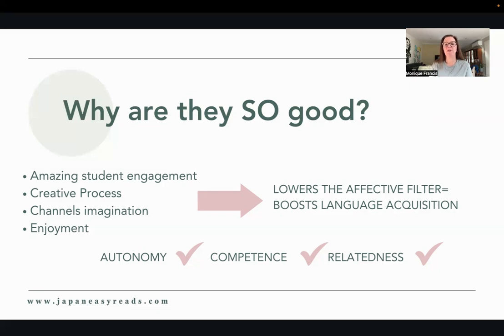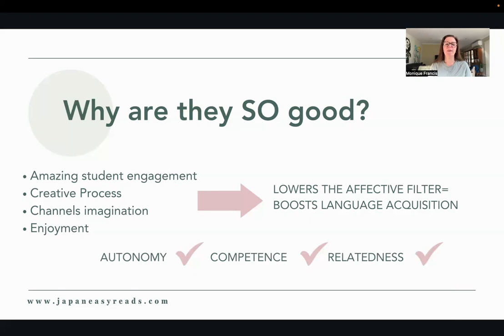Now, the affective filter is something that Stephen Krashen has identified as one of the barriers for language acquisition. So if we can lower the affective filter, that is, get the class environment in a comfortable state where they know that risk-taking is okay, or even take it one step further, so fun and so enjoyable that they're not even aware that they are learning and listening to and processing a lot of Japanese.